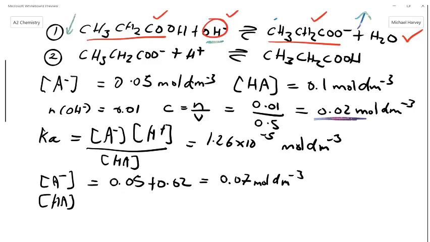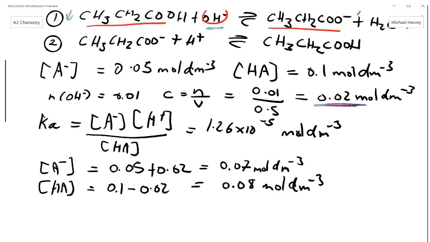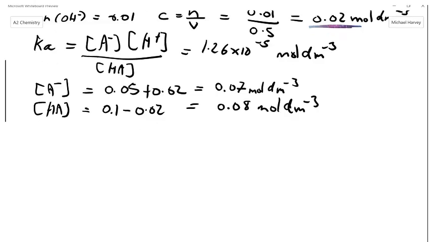So it's going to be equal to 0.1 minus 0.02, which equals 0.08 moles per decimeter cubed. Okay, so far so good.